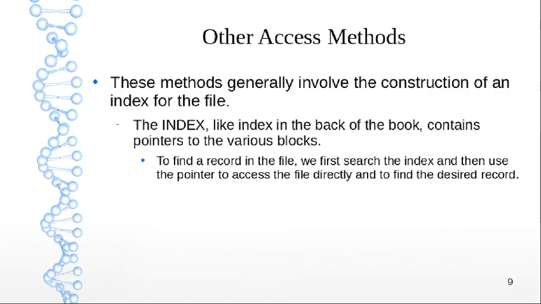So the index method is actually the same as accessing a book. For example, if I have a book here and I want to read a record of Obama, definitely I will not start with letter A. I will not start with letter B. I will not start with letter D. But in the index of the book, I'll go immediately to the letter O. So the index, at the back of the book, contains pointers.